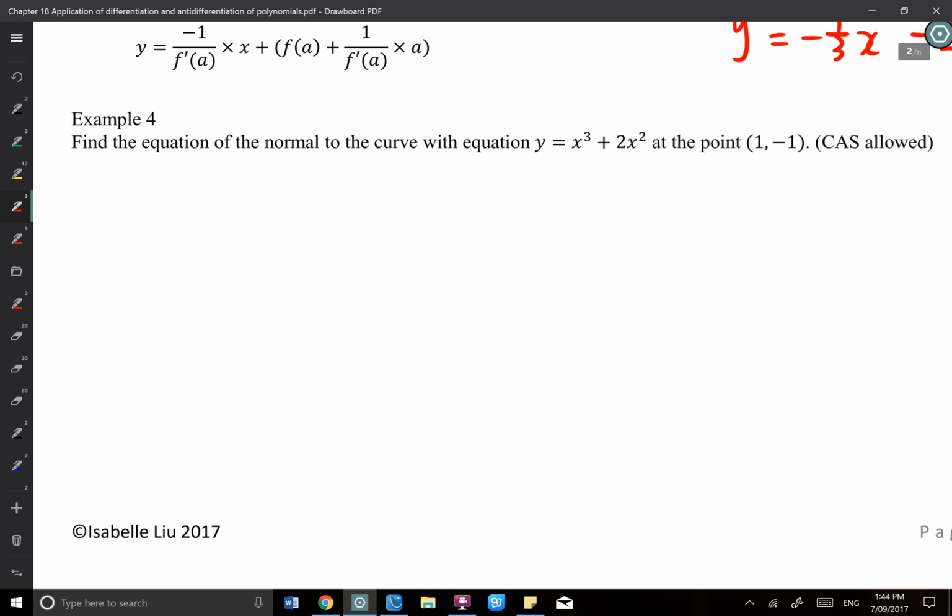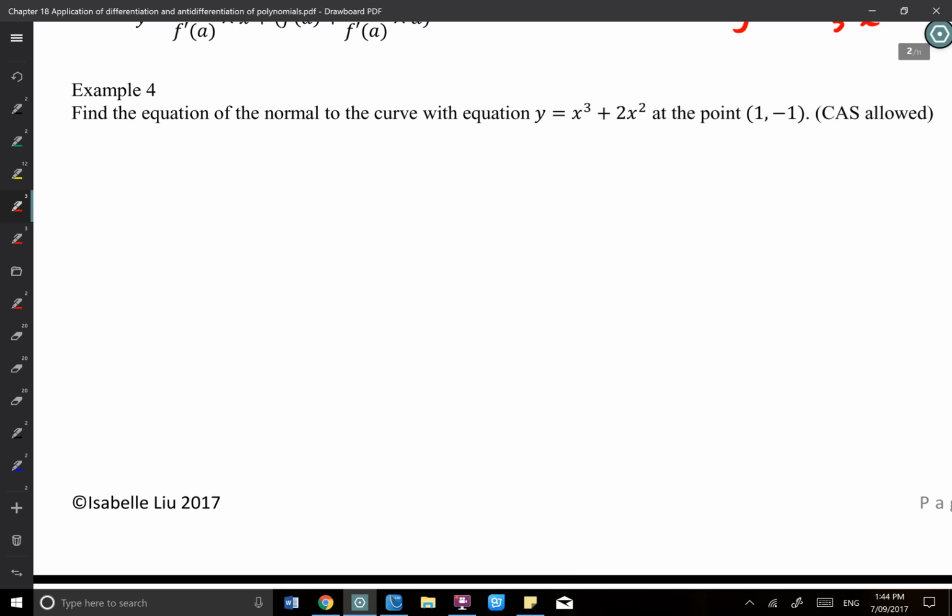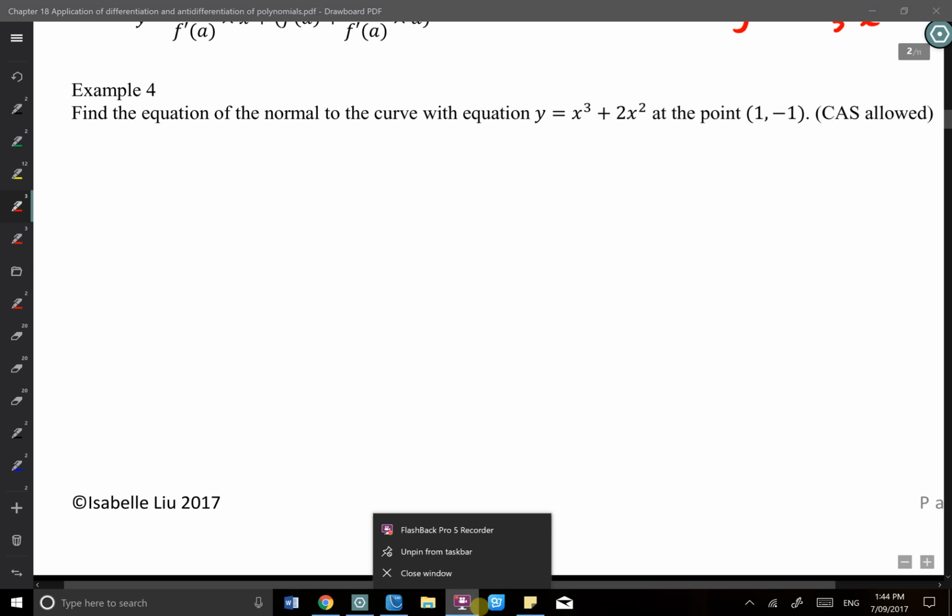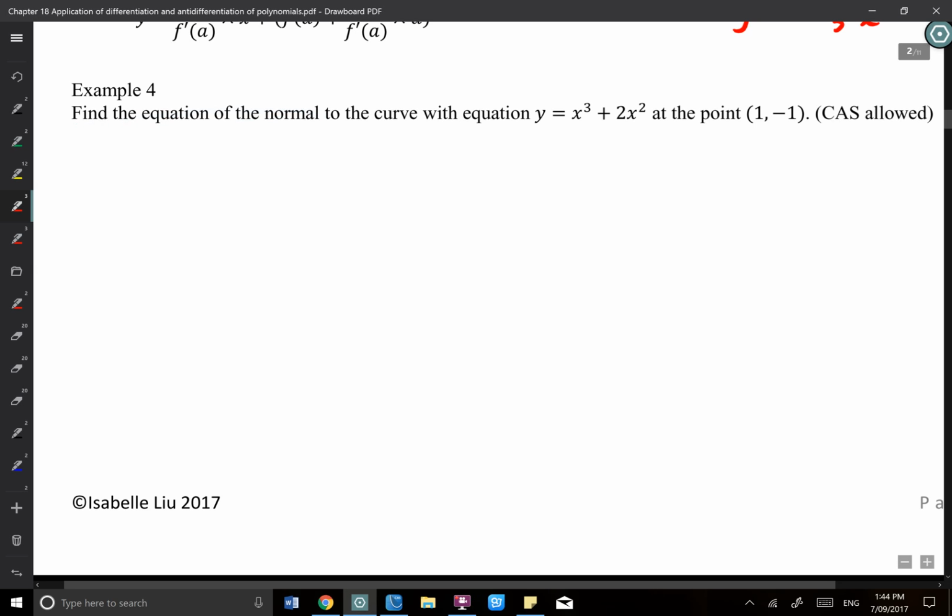I want to tell you one thing from this question. There's something wrong, well, not really wrong, but you need to recognize something. Let's read the question first. It's a really short one. Find the equation of the normal to the curve with equation y equals x cubed plus 2x squared at the point 1, -1.